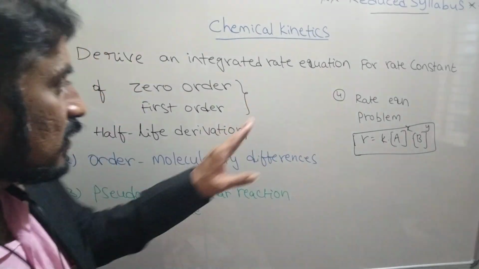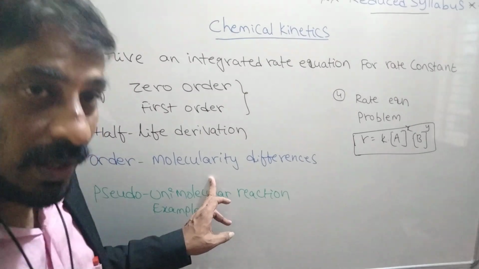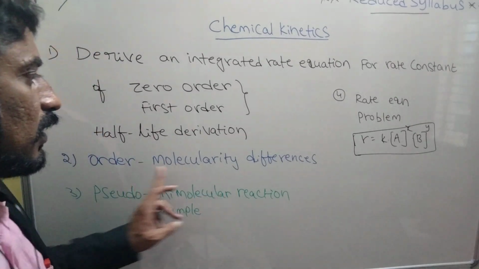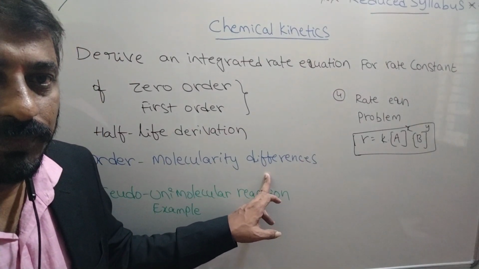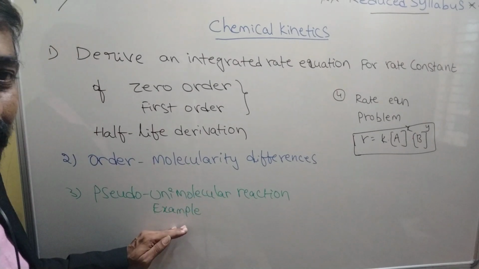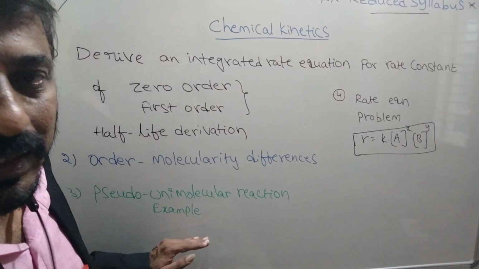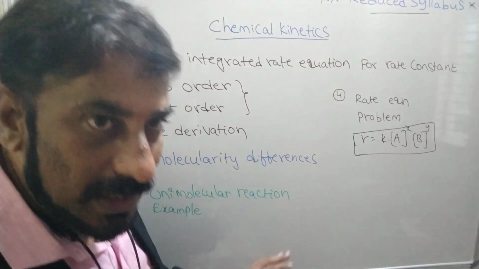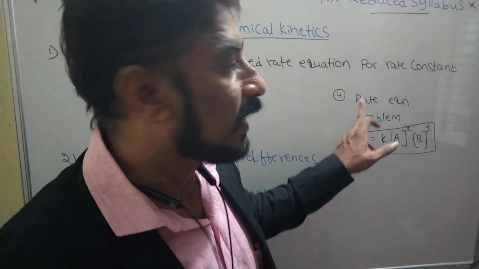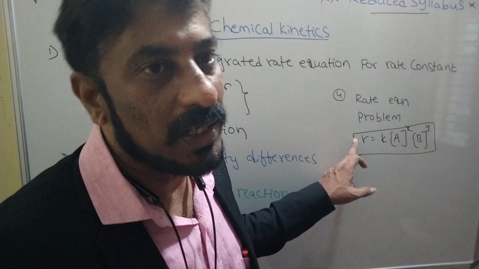If that is not given, then order and molecularity definitions with an example, or differences between order and molecularity. After that, the third question is pseudo unimolecular reaction and its example. If that is not given, the last preference is rate equation definition and problem.